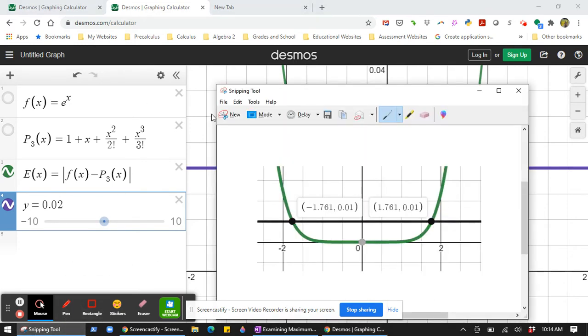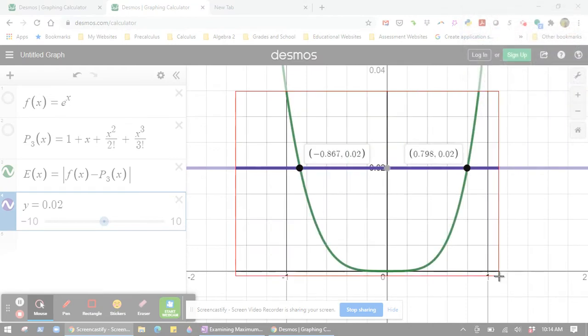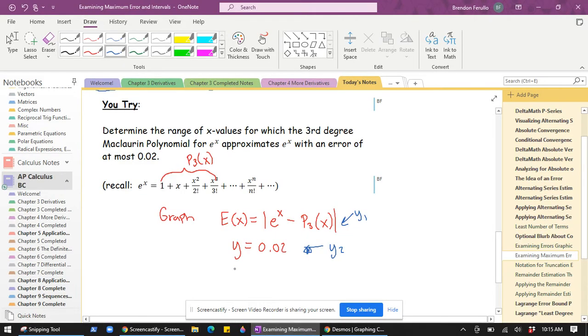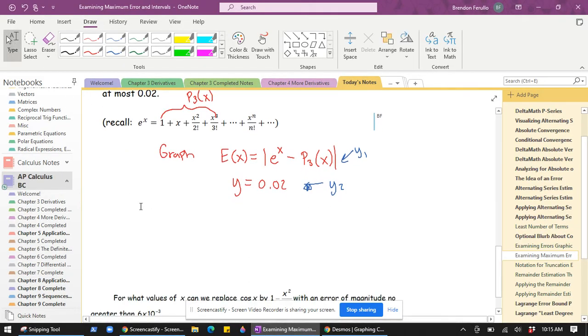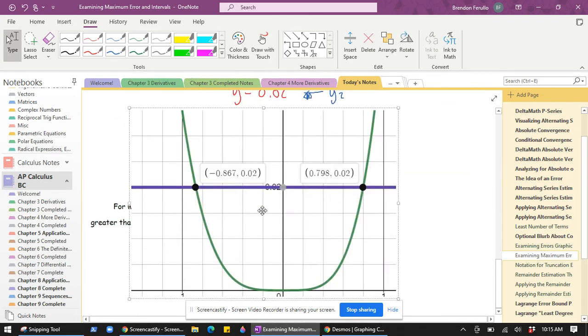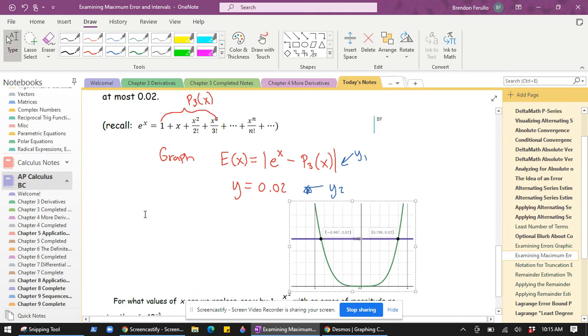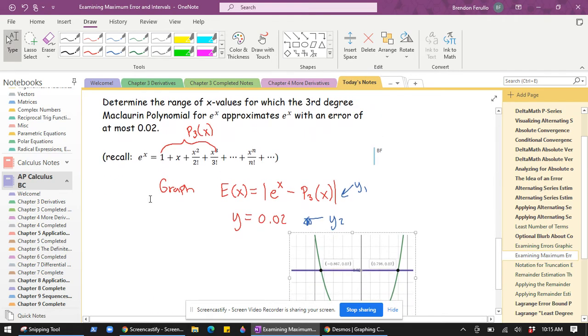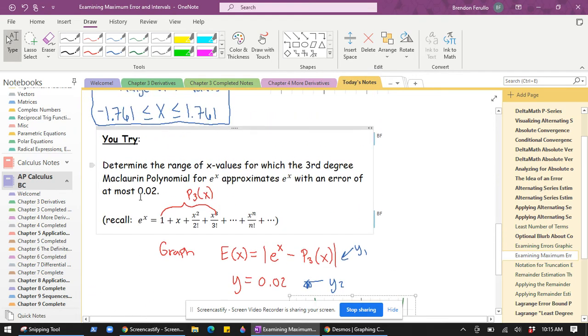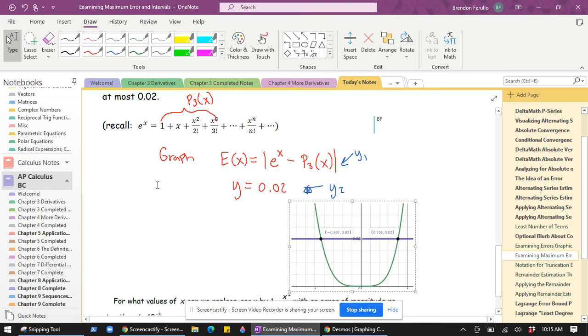Otherwise, it'll be more than. Snag that. Okay. So the range of x values are negative 0.867 to 0.867.